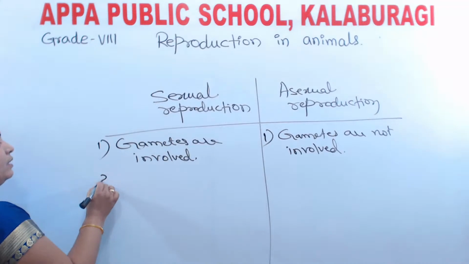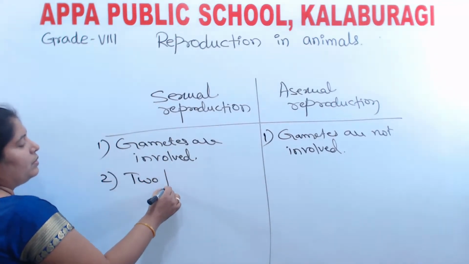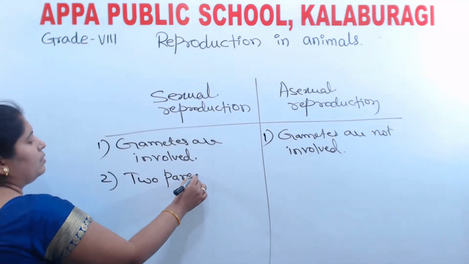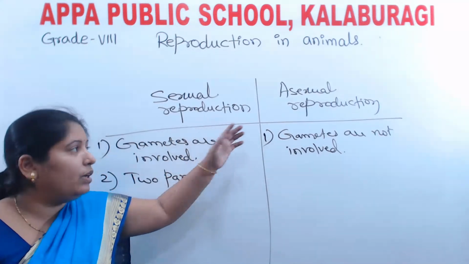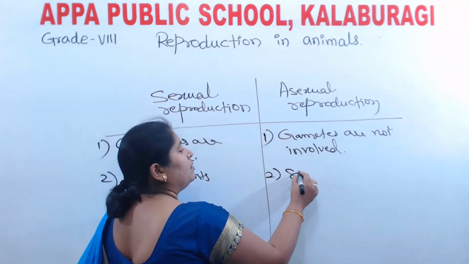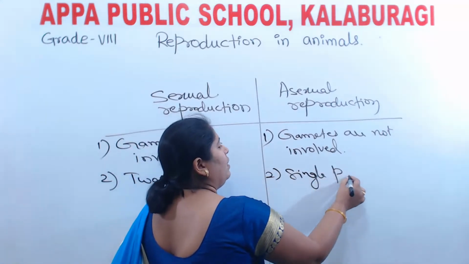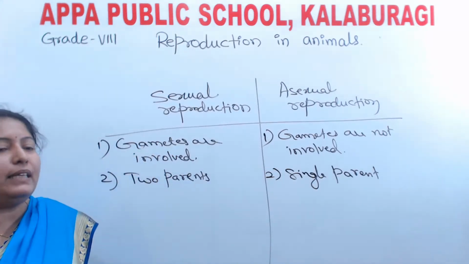Then second one, 2 parents are required. Right? 2 parents are involved in sexual reproduction, and in asexual reproduction, a single parent is involved. Right? Single parent is involved. Right?